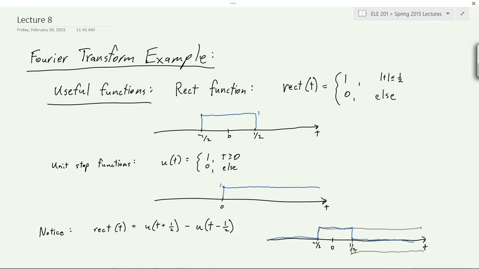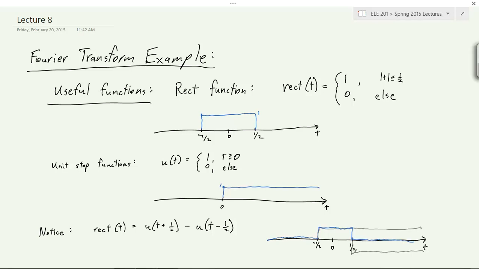Now you notice I'm being a little bit casual about one thing. Maybe someone noticed and would have a complaint that under my definition these aren't actually true. Nobody wants to complain? Okay, the value at exactly negative half and plus a half is inconsistent here. In my definition of rect, I said it's 1 at those boundaries.